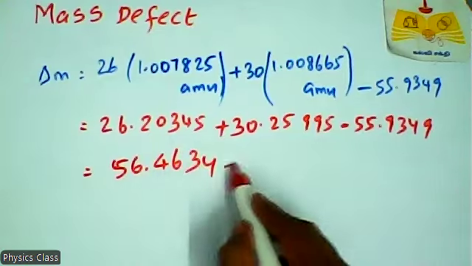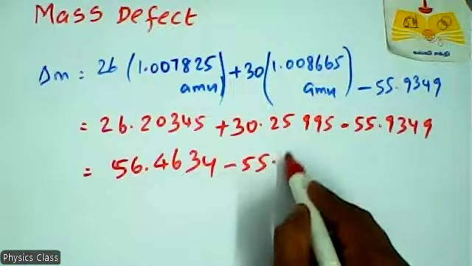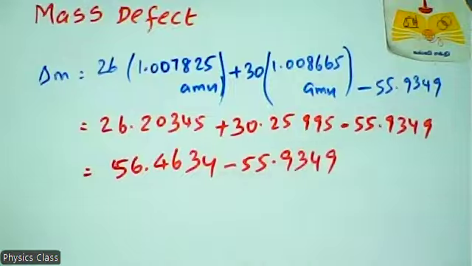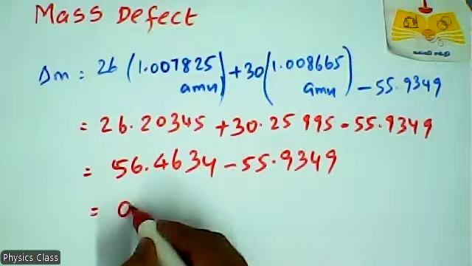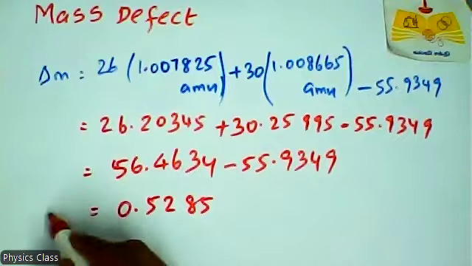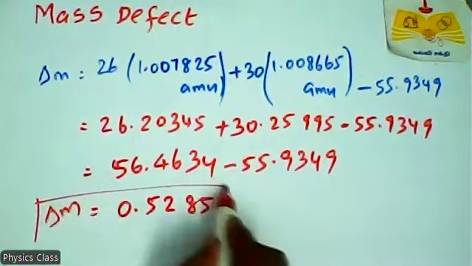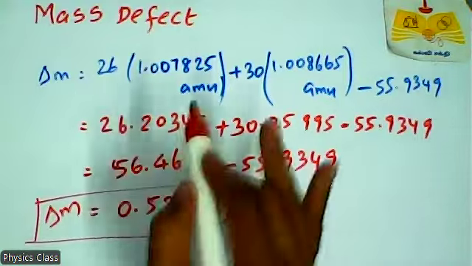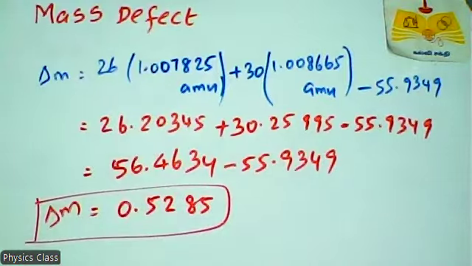Minus 55.9349, so subtract this true value. You will get 0.5285, correct, which is delta m. So this is the mass defect in this element.